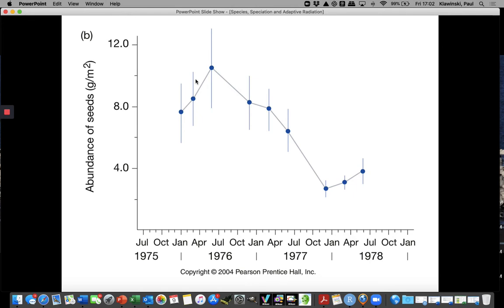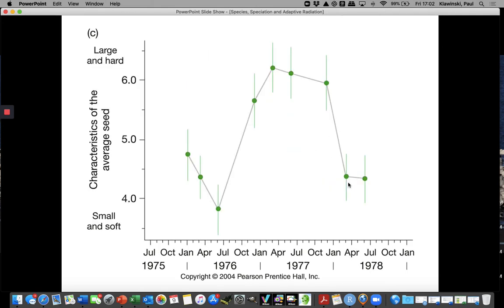It went from being a lot of seeds to very few seeds after the drought was over. And what happened during this is the hardness of the seeds changed. It went from kind of average seed hardness to a dip in seed hardness to an increase in seed hardness, and then kind of back down to small and soft.